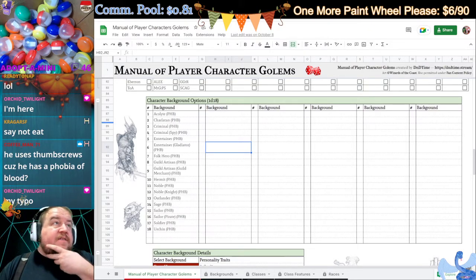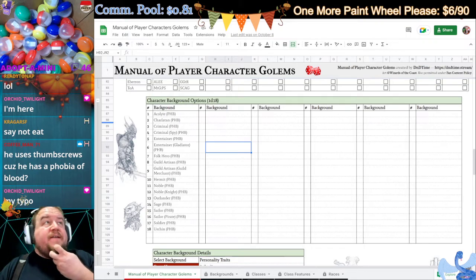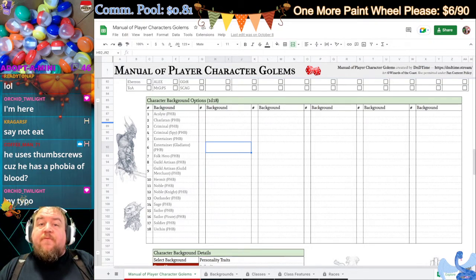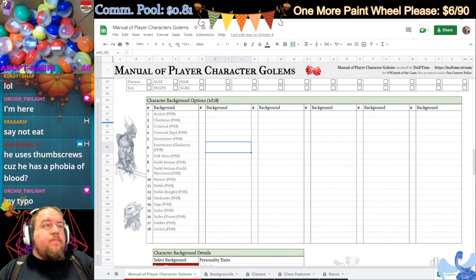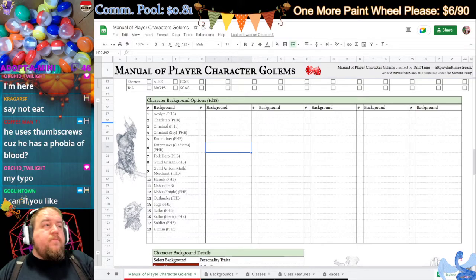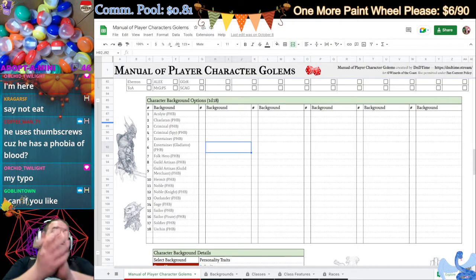All right, who else is out there that hasn't had a chance to roll yet? Otherwise, I'll go back and I can call on people for a second time, but I want to give first time rolls to as many of you out there as possible. Goblin Town!